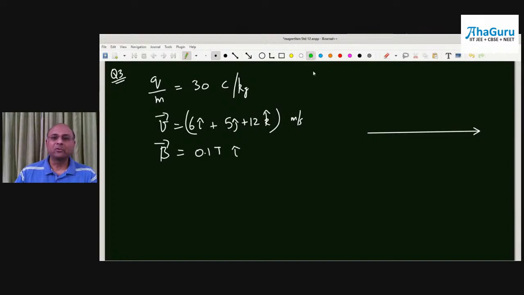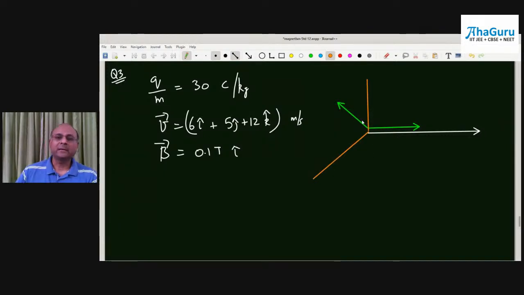So basically what I'm going to do is to say it has a 6 I cap, right? So that I'm basically going to say is in this direction. And then the j cap is like that, the k cap is like this. So the j cap plus k cap will give me a velocity component like that. Okay, so let us just draw the axis. This is one axis, and then this is the third axis.